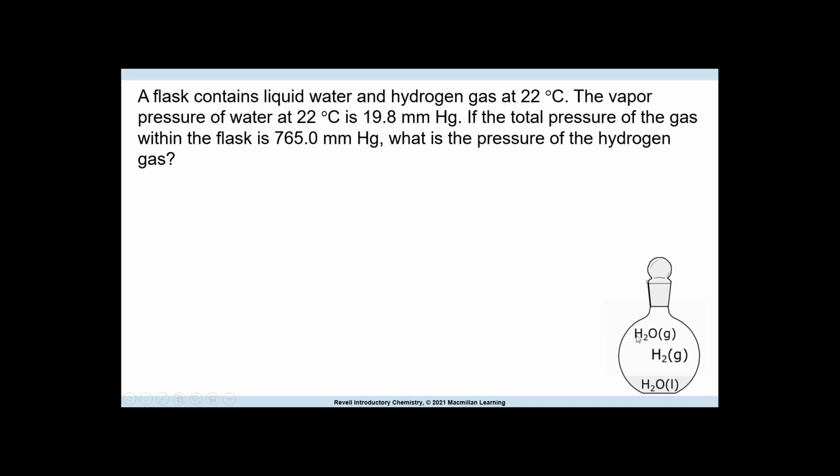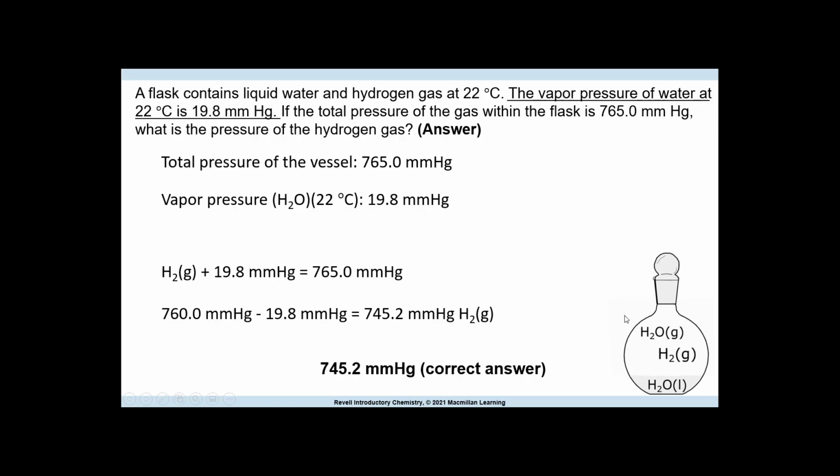We have to account for that, because we only want the hydrogen, but we have to figure out how to get rid of the water vapor. Because if we look at the total pressure, it's going to give you the value that has added both of these together. So basically we're going to subtract one of them and determine what the other gas is.